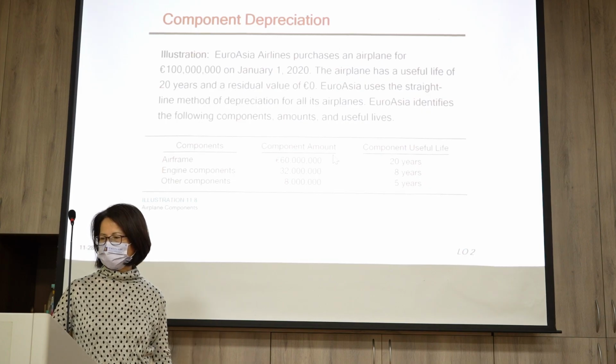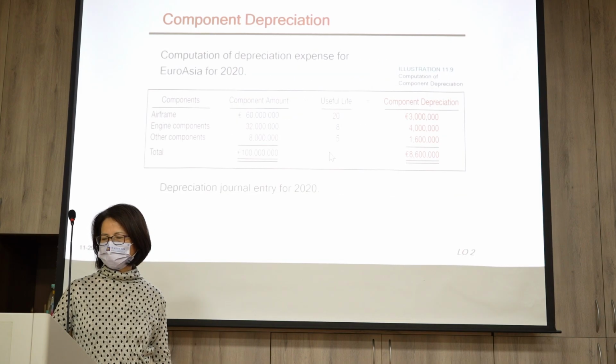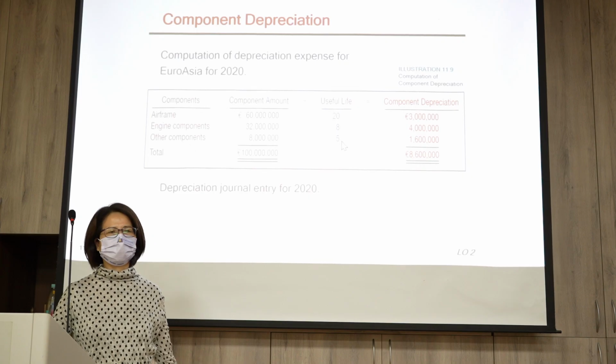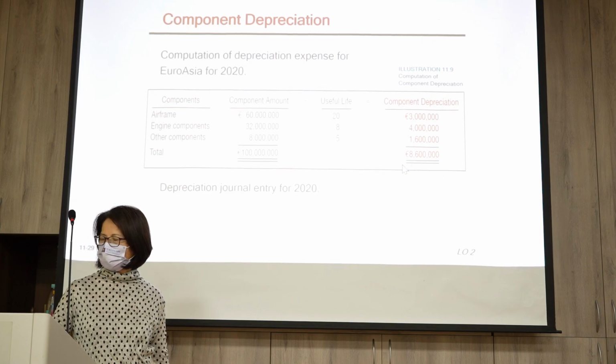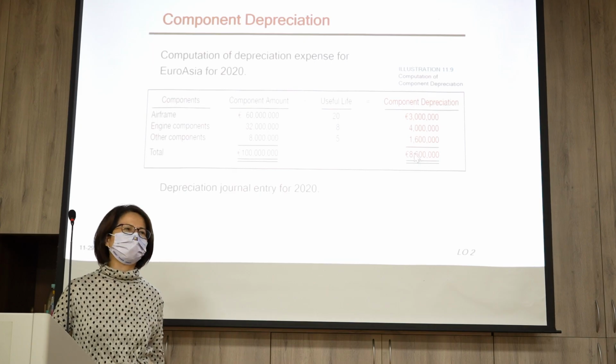We apply the straight line method with the same approach here, 20 years divided by 20 years, and for engine components it is divided by 8, and for other components by 5. So you have the total component depreciation of 8,600,000.